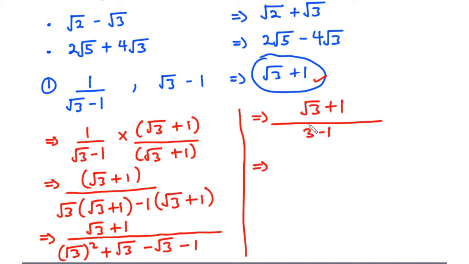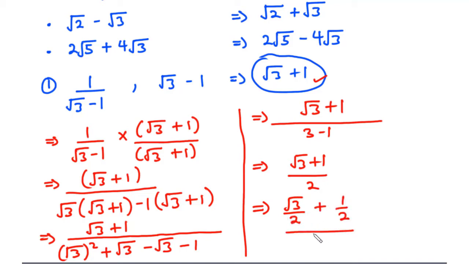Okay. So the square root of 3 plus 1 divided by 3 minus 1 is 2. So we have 2. So we can split this to have the square root of 3 divided by 2 plus 1 over 2. So this is the final answer.